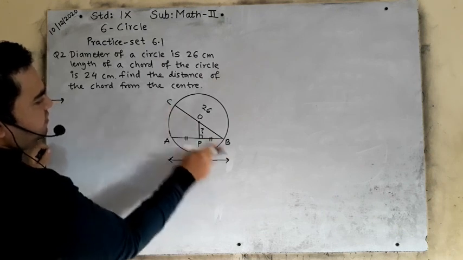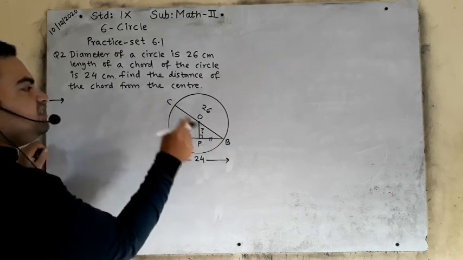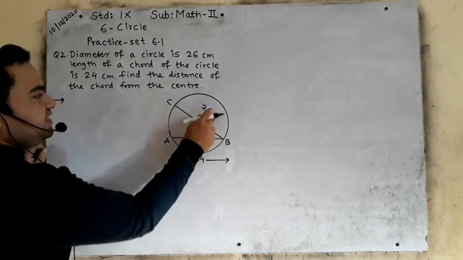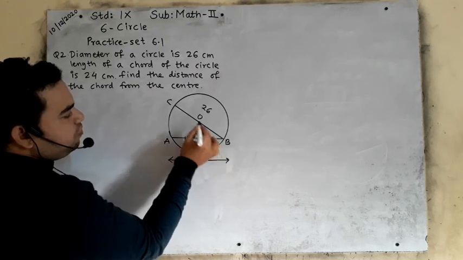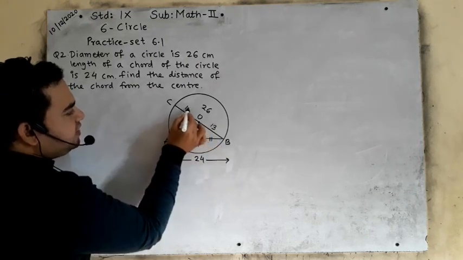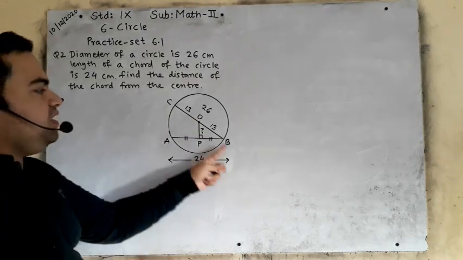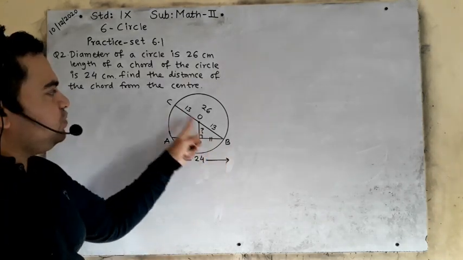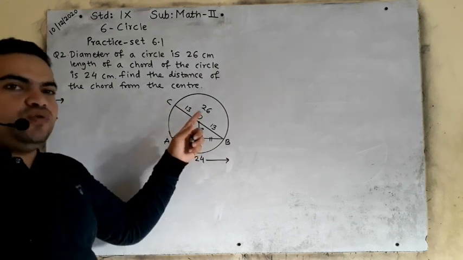BC is a diameter, passing through the center. So segment BC is a diameter of 26 centimeters. It means OB and OC are how much? 13 and 13. Why? Because OB is the radius of the circle and OC is also a radius of the circle.